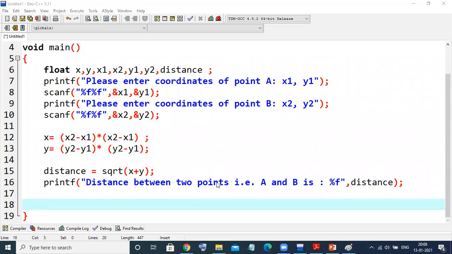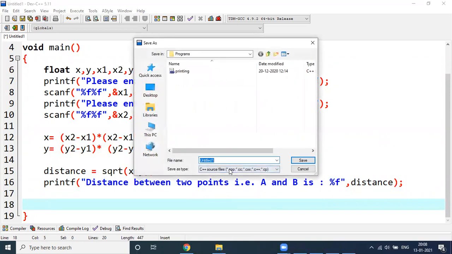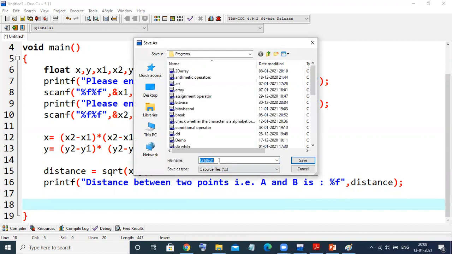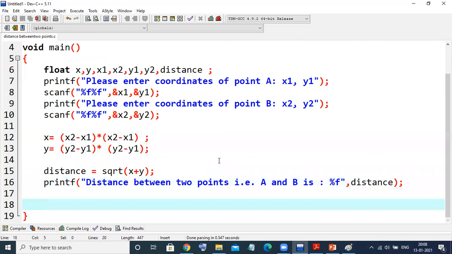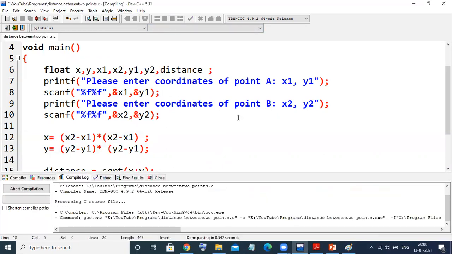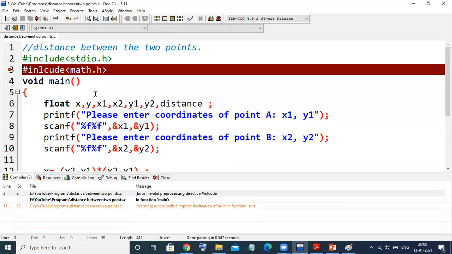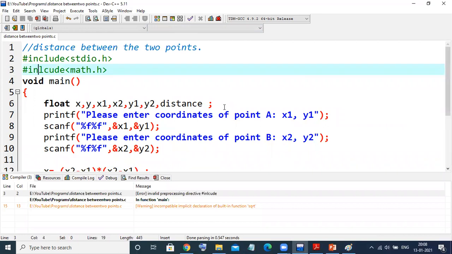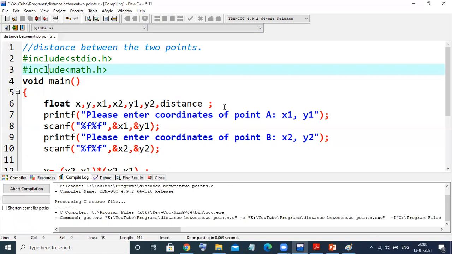Ctrl S, we'll save this program. Distance between two points. Enter. If I execute, include is misspelled here. Fixed.